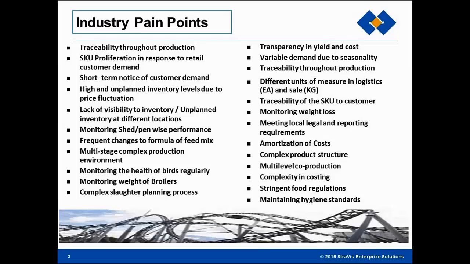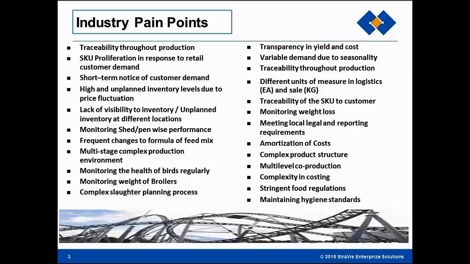So the feed units keep changing, and each stage is complex by itself with its own requirements. At each stage, the health of the bird is of very high importance. It has to be monitored continuously, and also the weight of the birds is monitored continuously, based on which the feed and everything is altered.